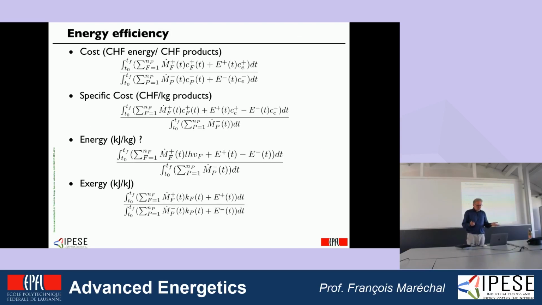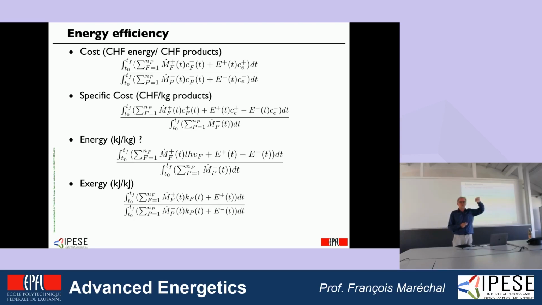And then afterwards, you will be able to characterize the energy efficiency. So, for example, how much energy you spend per unit of product, how much you pay per unit of product, how much you pay per unit of value of the product, and how much exergy you spend per exergy in the product. So what you can see here is that there is a list of key performance indicators.